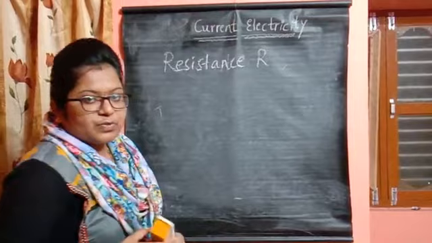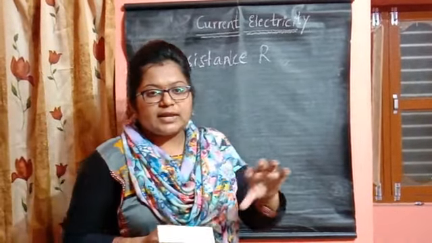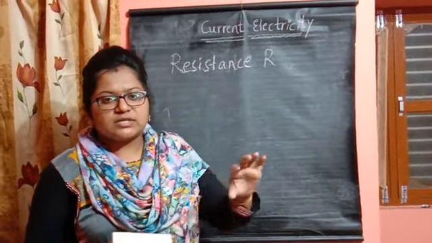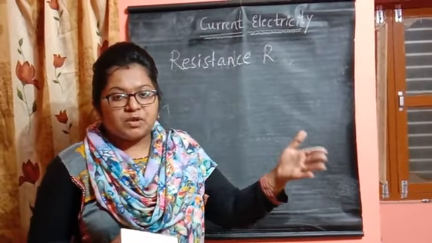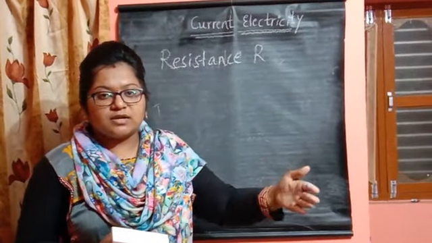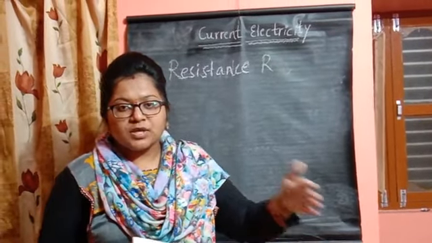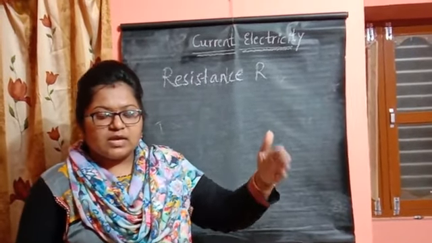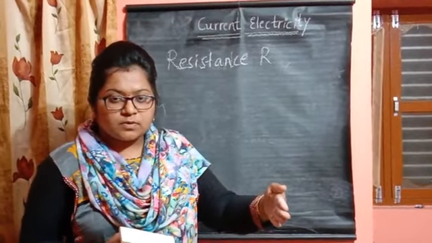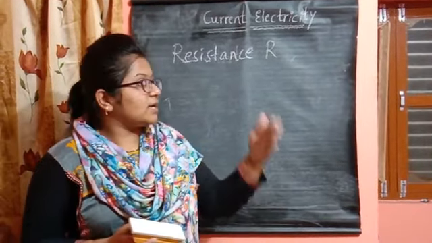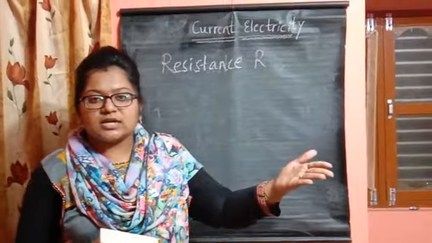In a conductor, free electrons are moving without any disturbance. They are moving, then only they can form electric current. But what if something is created which stops the electrons? The electrons are moving on their way, but something happens so that the electrons are stopped. Then the current is not flowing in that conductor.